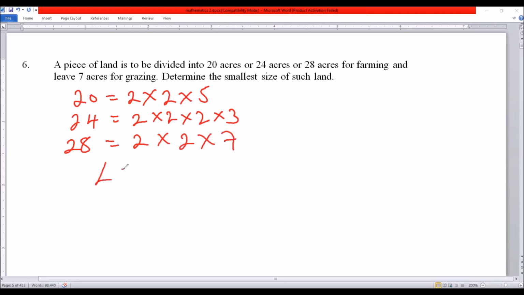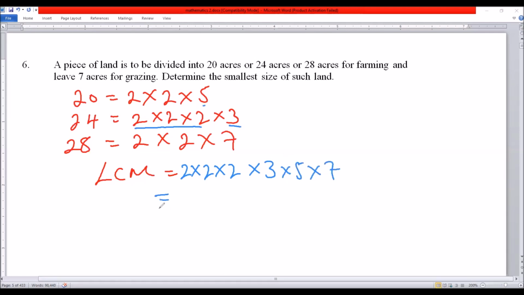So the LCM, we need to get the factors with the highest power. So we take 2 to power 3, 2 times 2 times 2. That is the one that has the highest, because here we have 2, here we have 2. Then we come to 3. We only have a single 3. Here we have 5. Then finally times 7.